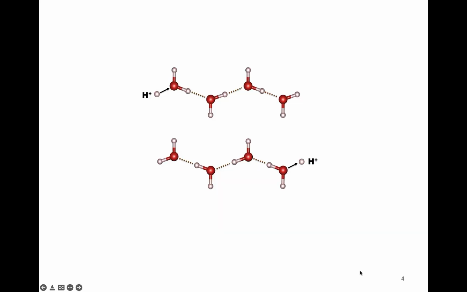The Grotthuss proton conduction is a cooperative formation and breaking of OH covalent bonds and hydrogen bonding. When a proton approaches a water chain that is assembled by hydrogen bonding from the left, this proton attacks the oxygen of the leftmost water molecule to form a hydrogen bond first.